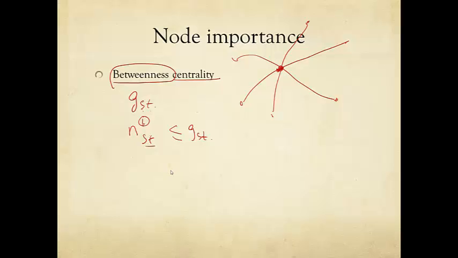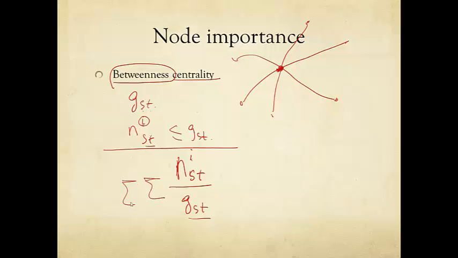So now for each node pair st, they may have many shortest paths, so you have to normalize by g st. How many are you, node i, sitting on top of? Now this expression we then have to sum up across s and t.